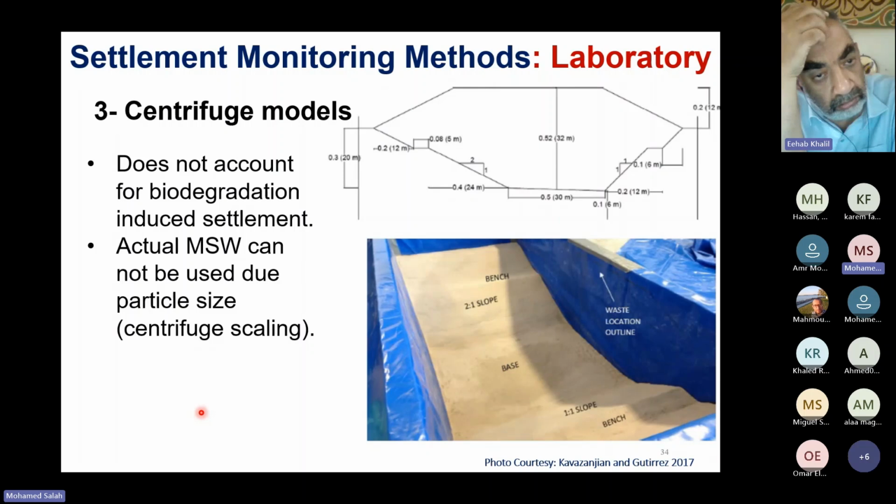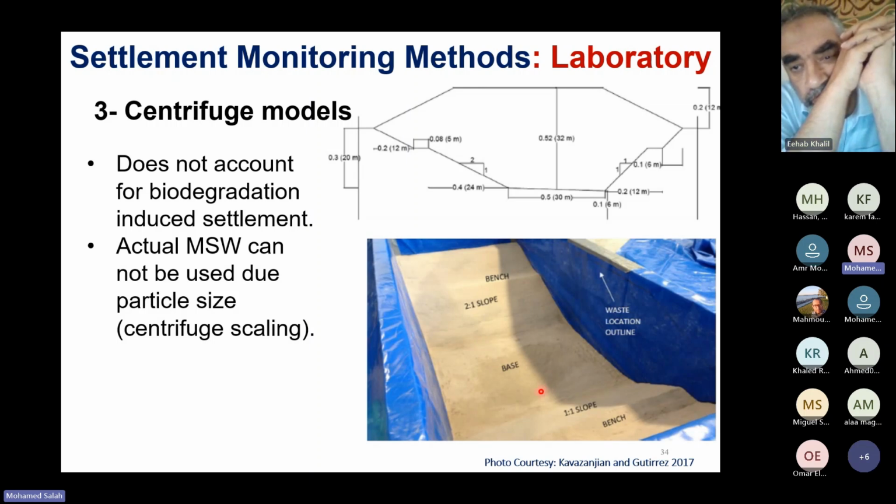If I'm going to use a scale, for example, here, a height of 32 meters is equivalent to 0.52 meter. So with that scale, I cannot use the waste because the particle size of the waste will be larger.